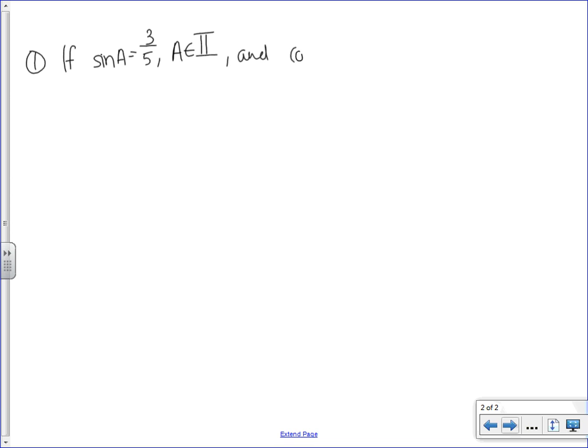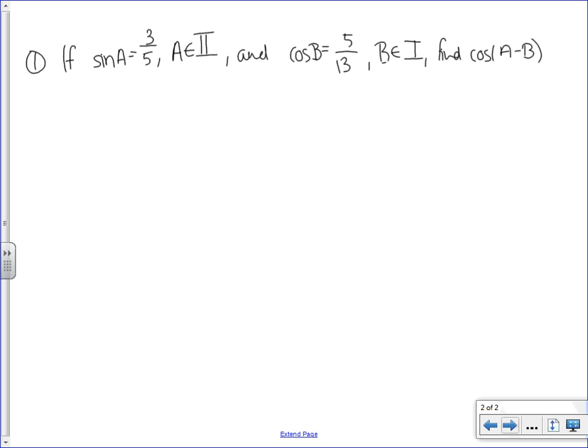And the cosine of B is equal to 5/13, and B is an element of quadrant 1. Let's find the cosine of A minus B.